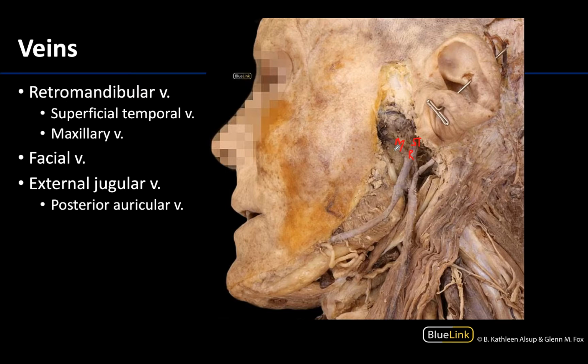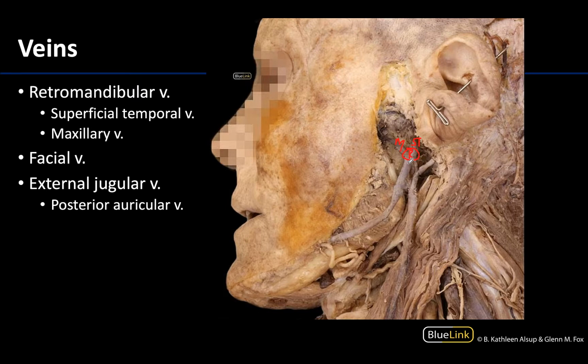Like I mentioned, the retromandibular vein is typically very short as well. It is particularly small on this dissection, so it's only this small area right here before it divides into its anterior and posterior divisions. You don't always have an anterior and posterior division in all individuals, so there is a lot of variability there.